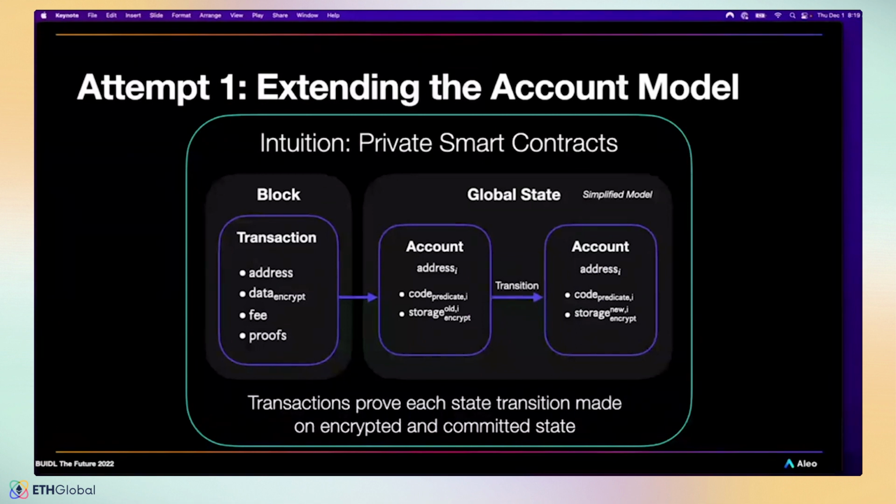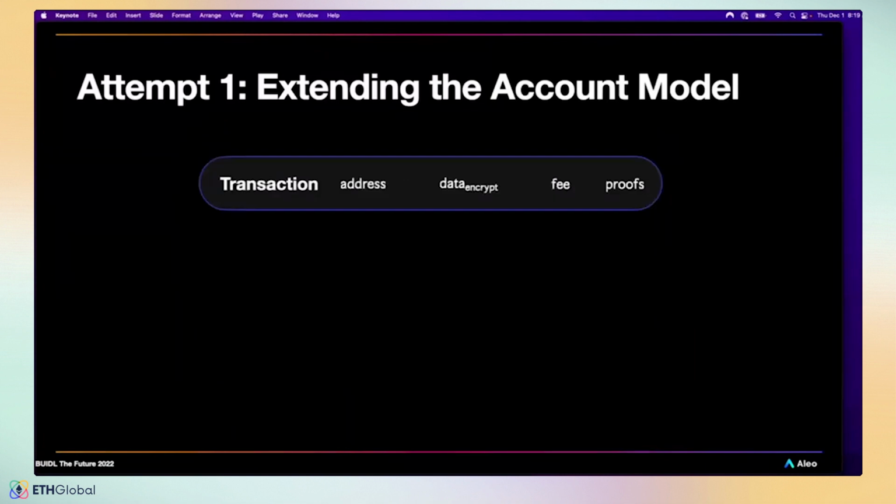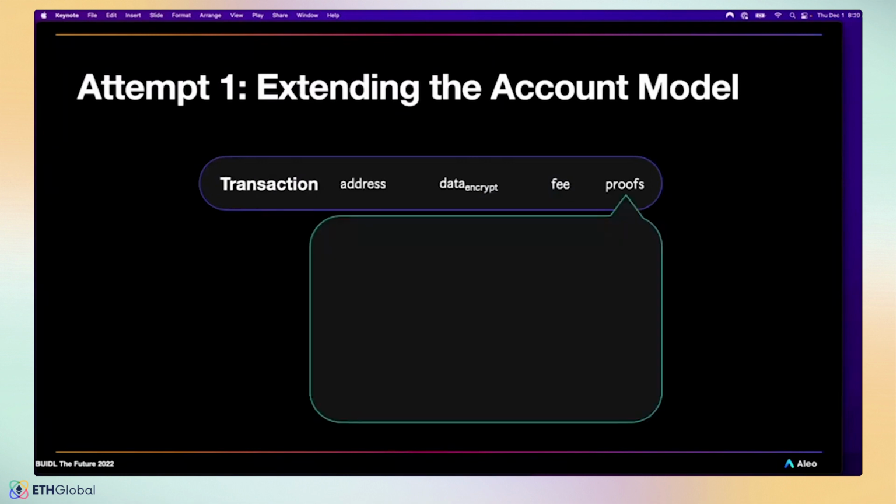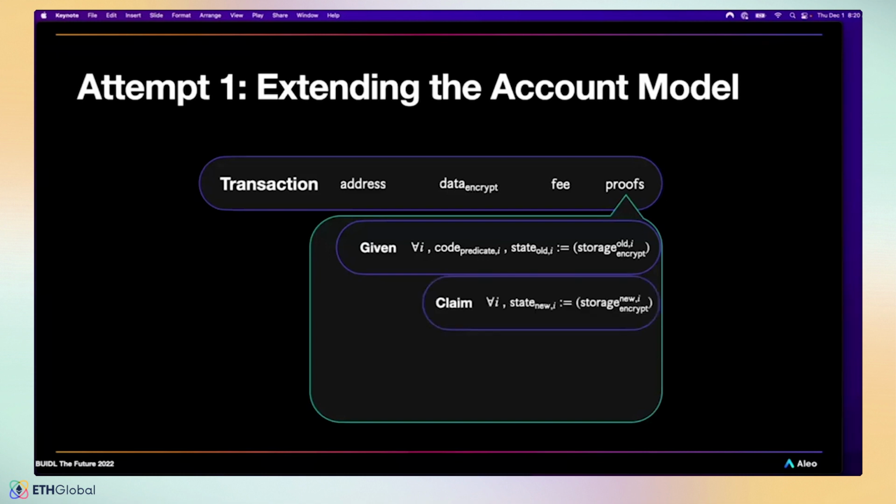Now, the key question of this construction is, what is actually being verified in these proofs? So you have a transaction here, and in the proofs, we're going to take as input the code predicate and the old encrypted state, and produce new encrypted state.